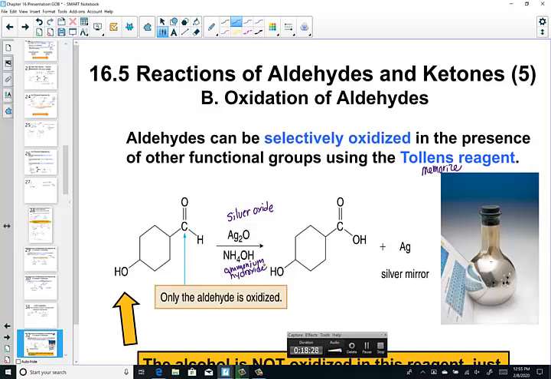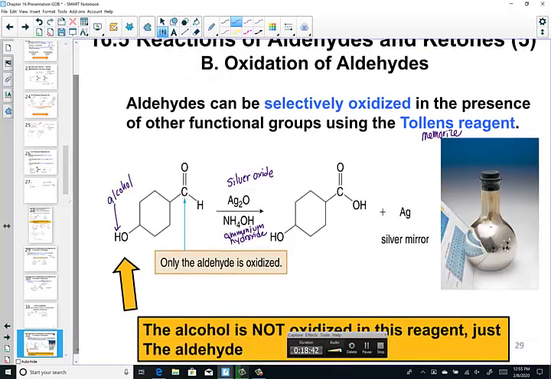Alrighty, so I understand that aldehydes are oxidized with Tollen's reagent, but other functional groups are not. So this guy right here is an alcohol. It will not be oxidized. It's a secondary alcohol. The carbon that's attached to the OH group is attached to 2 other carbons.